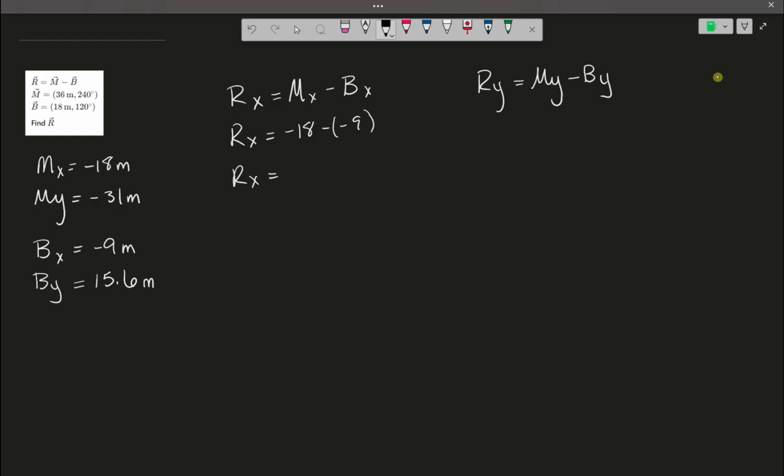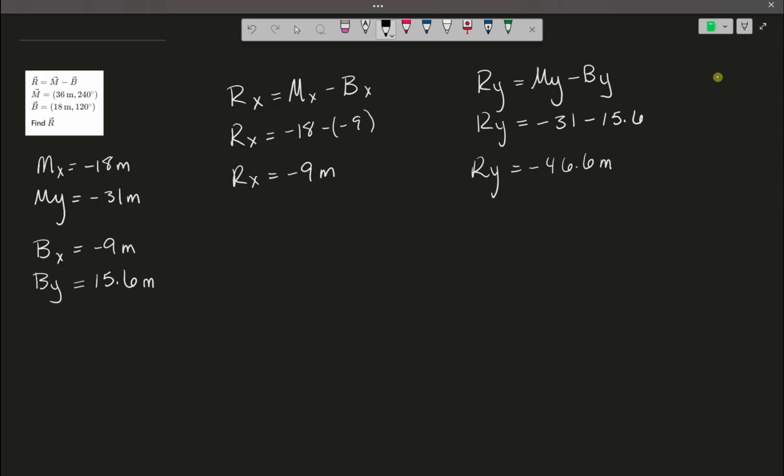This is going to give us negative 9 meters. And the y component is going to be negative 31 minus 15.6. This will give us a y component of negative 46.6 meters.